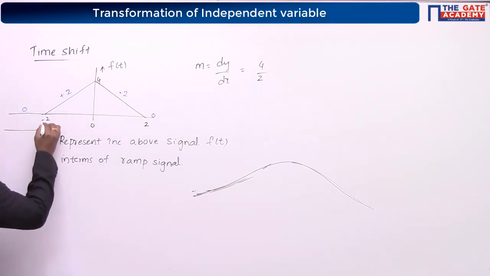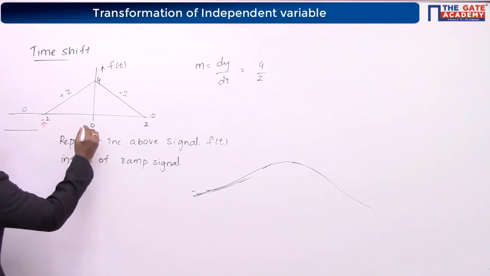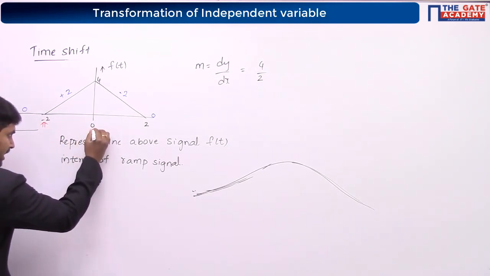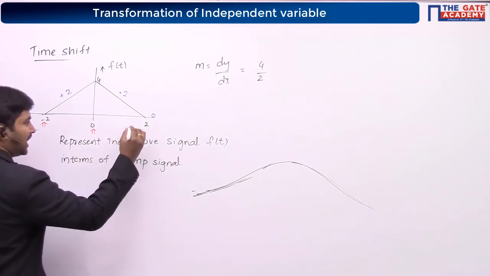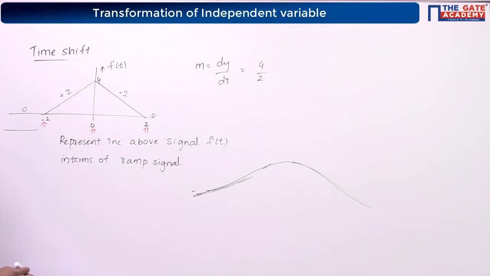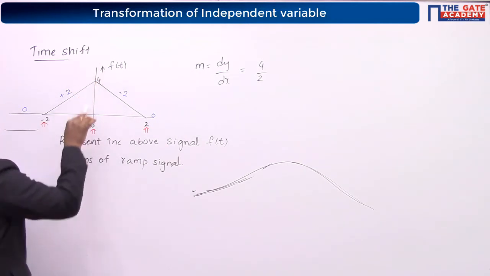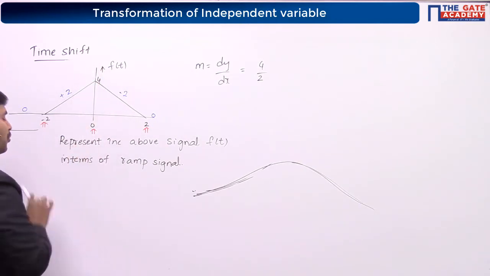One is minus 2, the other is 0, and the third one is plus 2. Minus 2, 0 and plus 2. We often forget about 0, but actually there is a slope change which happens at 0 also.